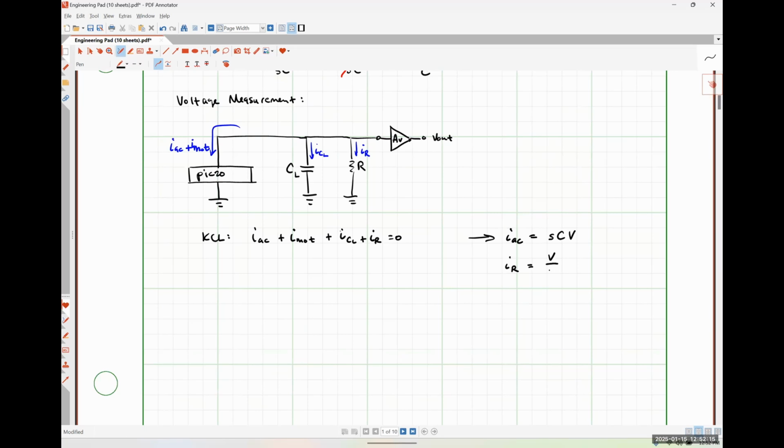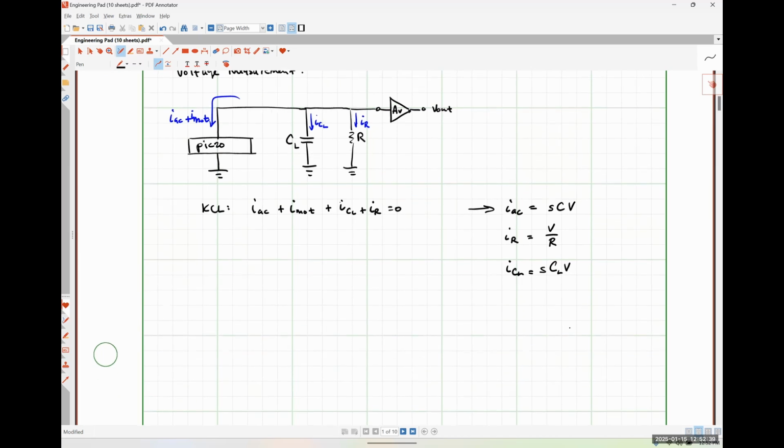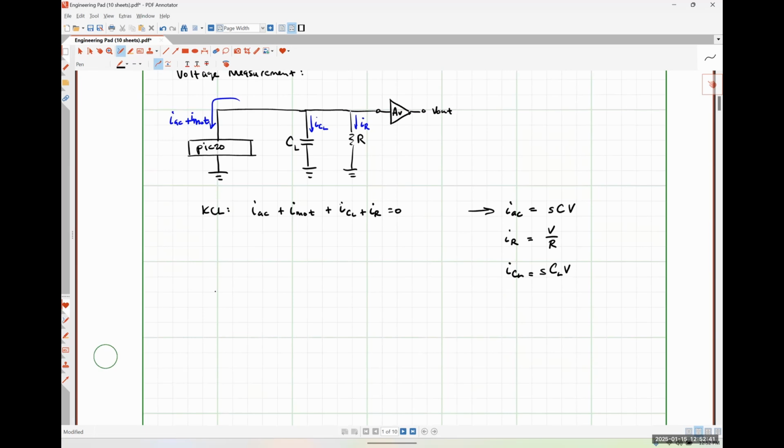IR is literally just V over R. And ICL is going to be SCL times V. Putting all of these three substitutions in and rearranging effectively, we can come up with a relationship.